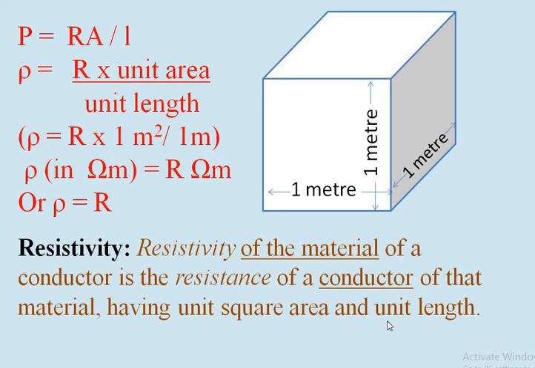For example, for copper, we can say the resistivity of copper will be equal to the resistance of a copper wire of 1 meter square area having length 1 meter.